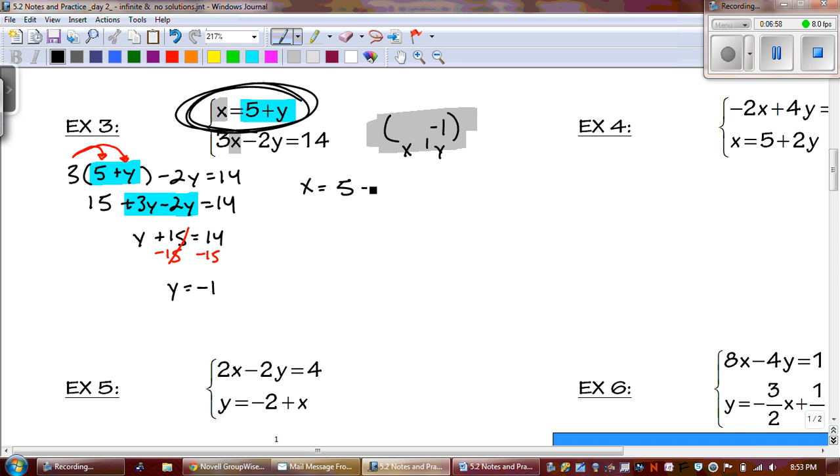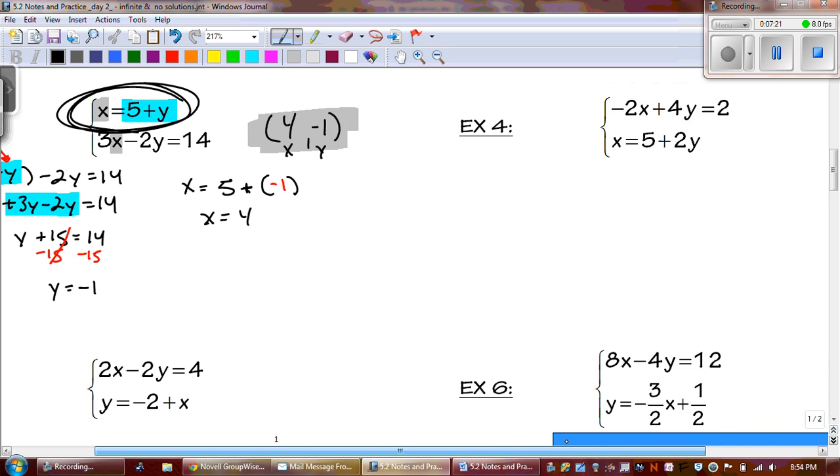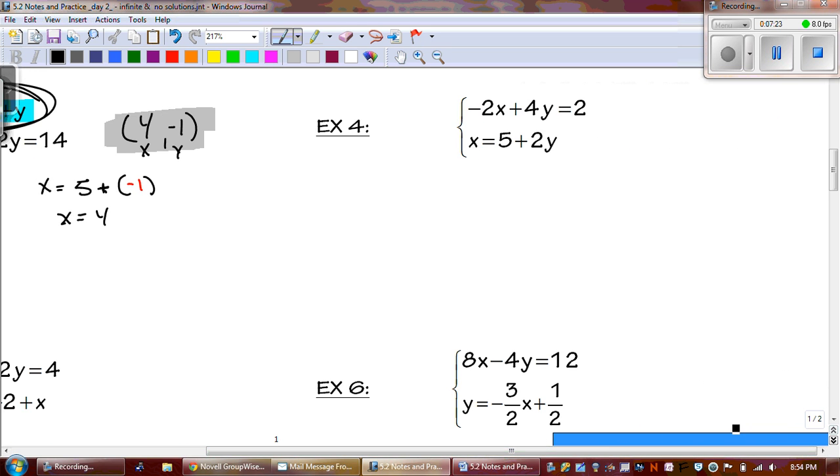X equals 5 plus whatever y was, and y is negative 1. 5 plus negative 1. Hopefully you did that in your head. Okay. So we get 4, negative 1, and that's the point of intersection where those two lines meet. Okay, number 4.